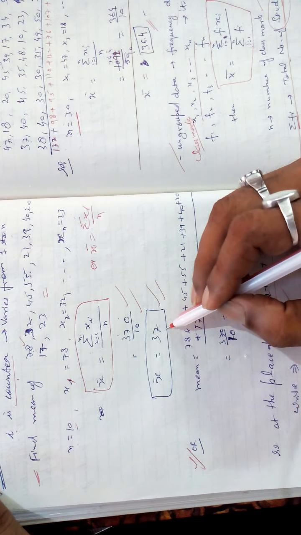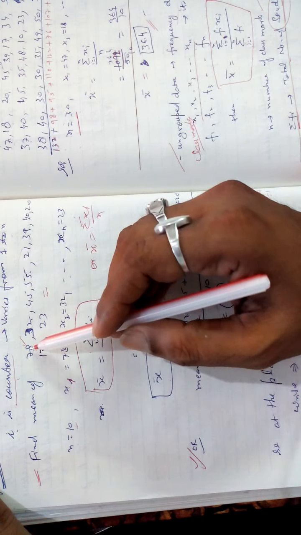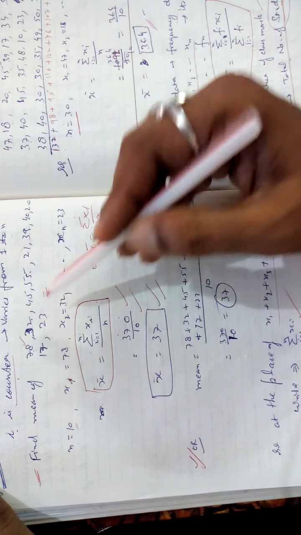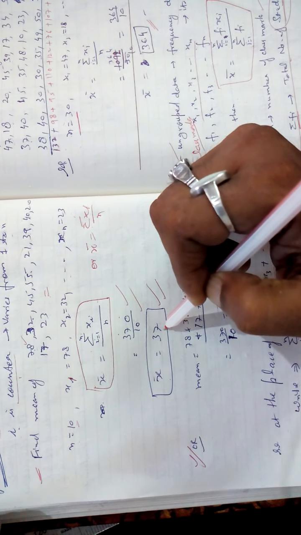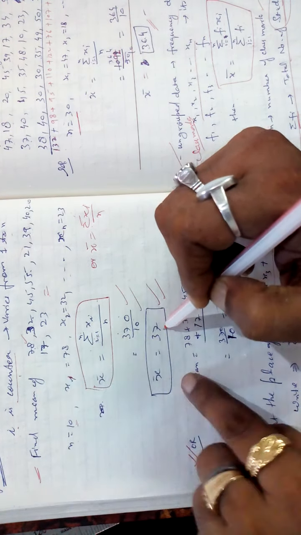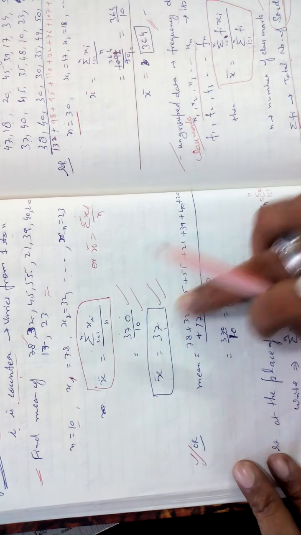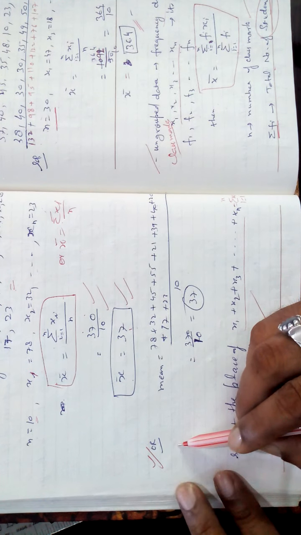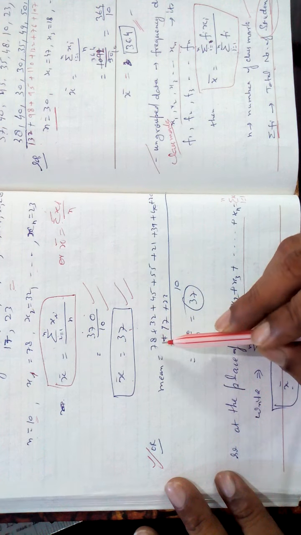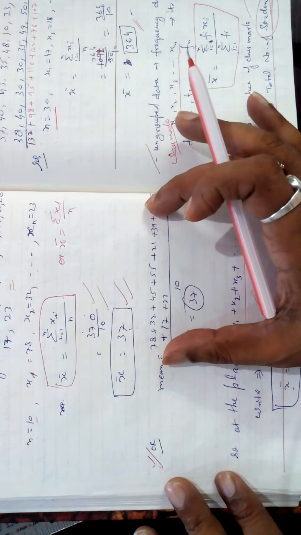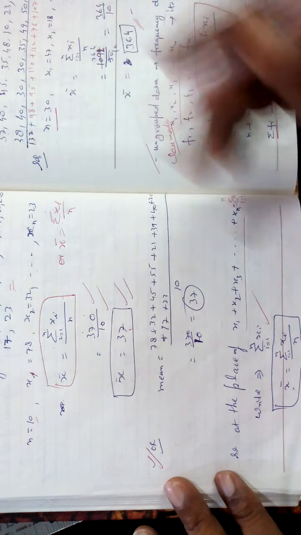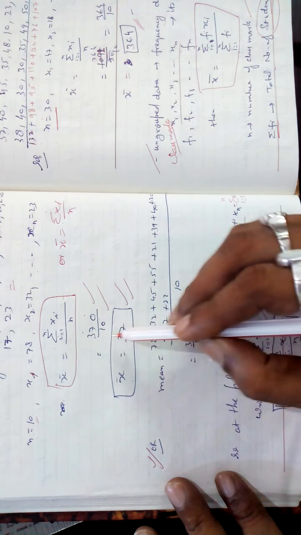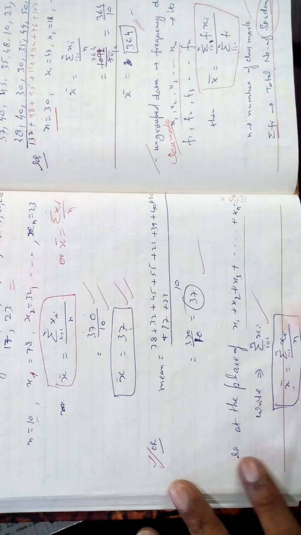Mean means 37 per value. 78 is reduced to 37, and 23 is increased to 37. Equalizing, mean means the average marks for each. Earlier you were writing the sum of all like this. It is very big, but this is a shortcut method. Add in the rough column, and directly write the value upon divide: 370 upon 10.